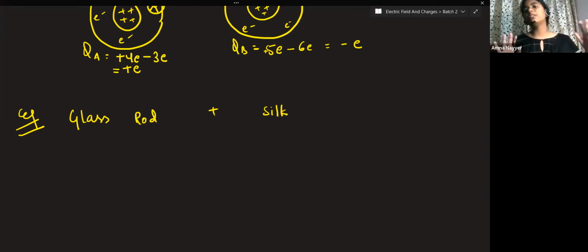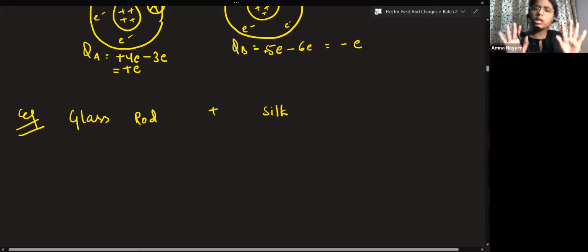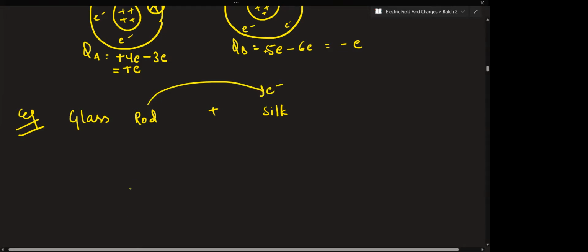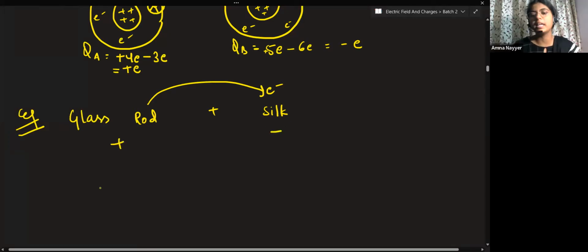By convention, there is no logic in it. You don't have to take out logic for different materials. You just have to learn that it has been established that electrons get transferred from the glass rod to silk. So which will be positive, glass rod or silk? The glass rod will be positive and silk will be negative.